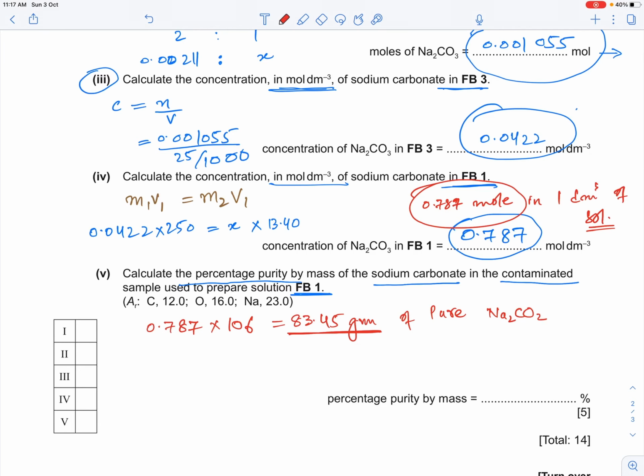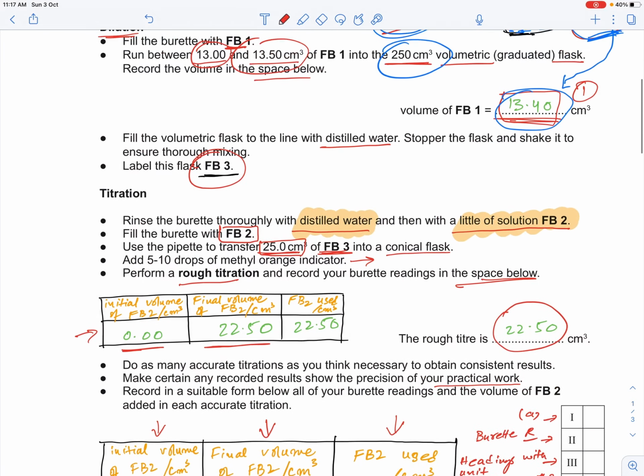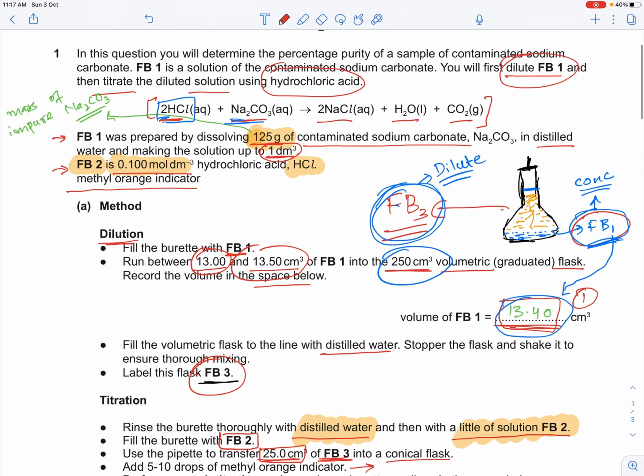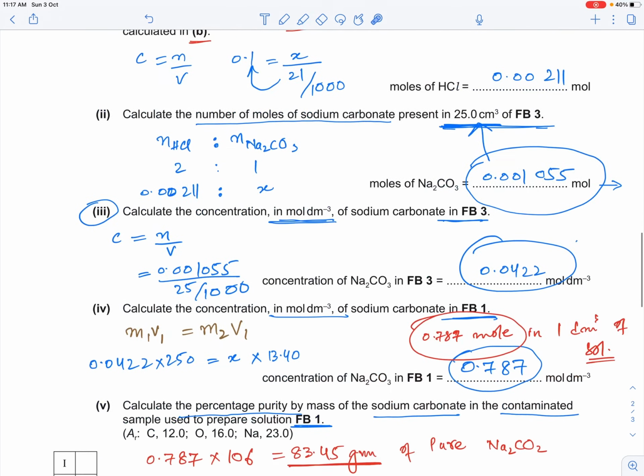But they told us at the start that 125 grams of contaminated sodium carbonate was used to make this solution. So if we had pure sodium carbonate, only 83.45 grams were required, but 125 grams was used. That means this is the mass of impure sodium carbonate, and now we calculate the percentage purity.